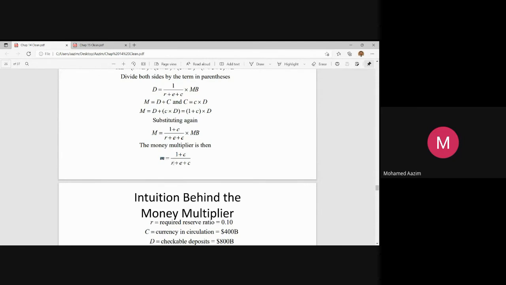But any decrease in small r and small e would definitely push the m to increase. Any decrease in c would also, but not to the extent of these two, because small c has a component here too. A reduction here would have a reduction here too.